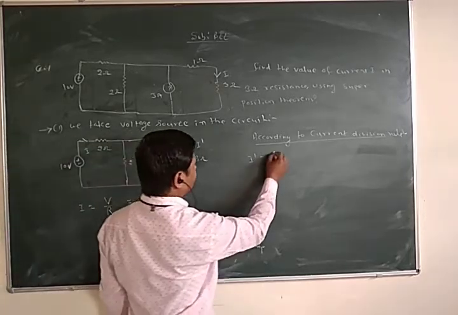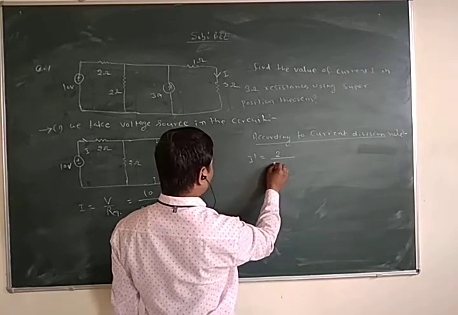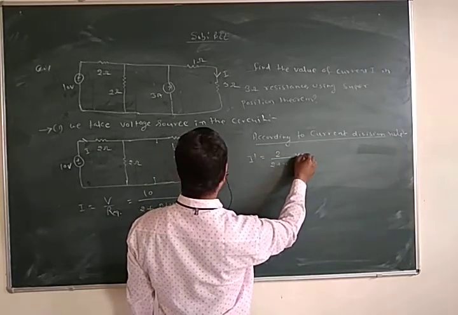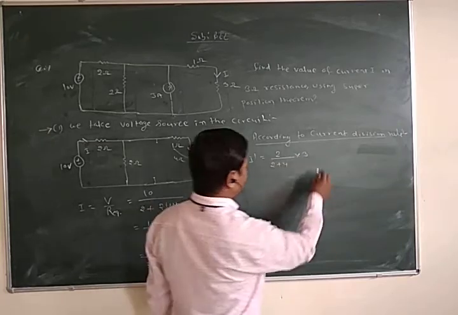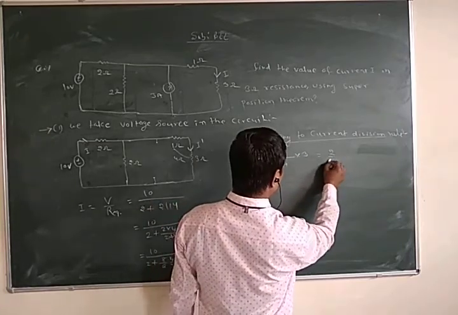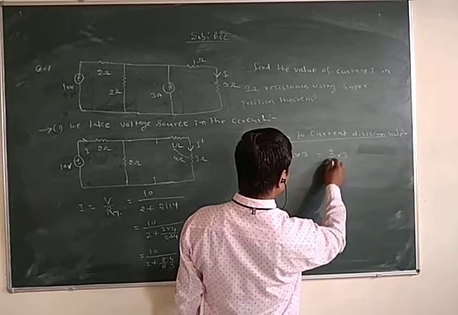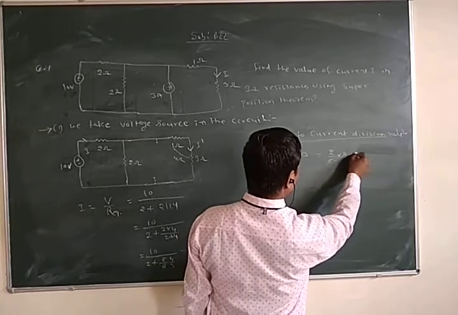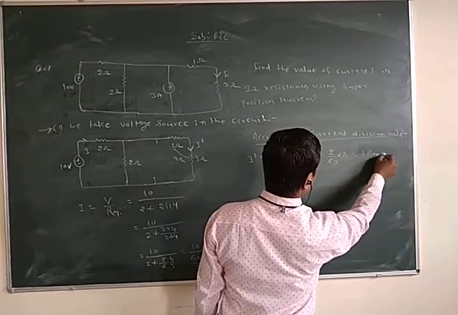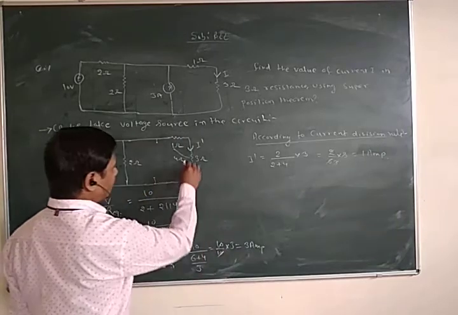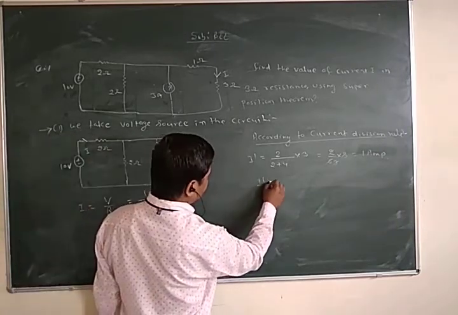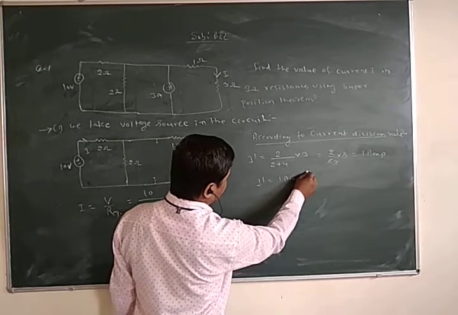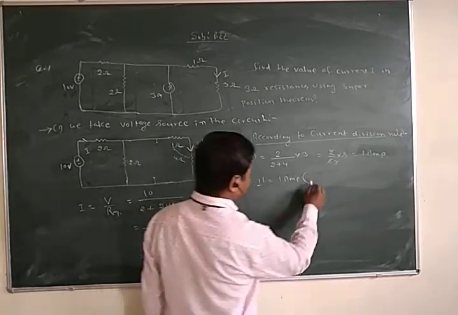So here we write 2 upon 2 plus 4 into 3. So the value is 6 divided by 6, that is 1 ampere. The value of current I dash is 1 ampere, and direction is clockwise.